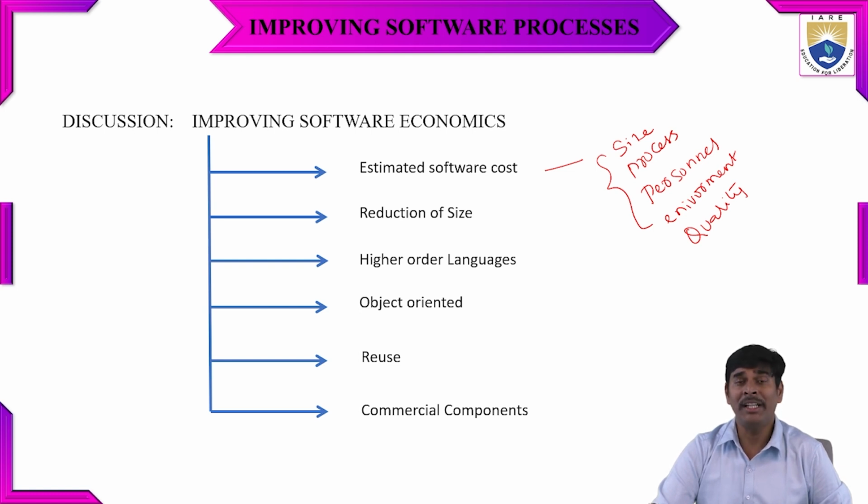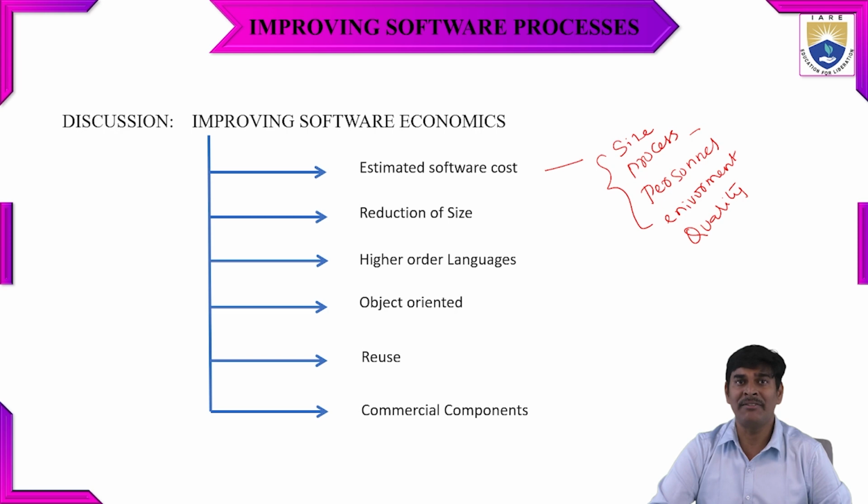Why should it be less than 1? It means the process should minimize human-generated code, there should be no rework, and no communication overhead. That is the ultimate goal, to minimize the process value.